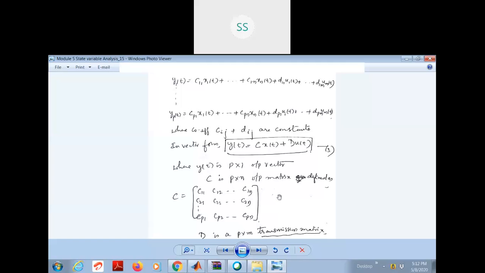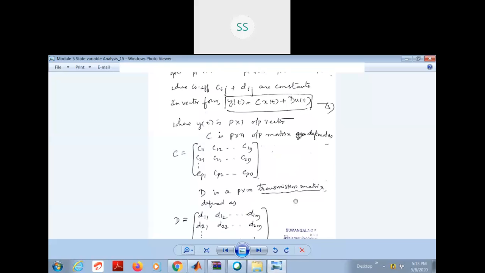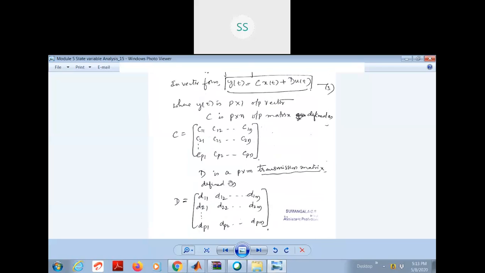Similarly, if the output equation contains some of the input terms, those coefficients are named as Dpm, in general Dij. Similarly, it is possible to represent the matrix D. The matrix D is again a coefficient matrix. Its size is p cross m, and it is known as a p cross m transmission matrix.